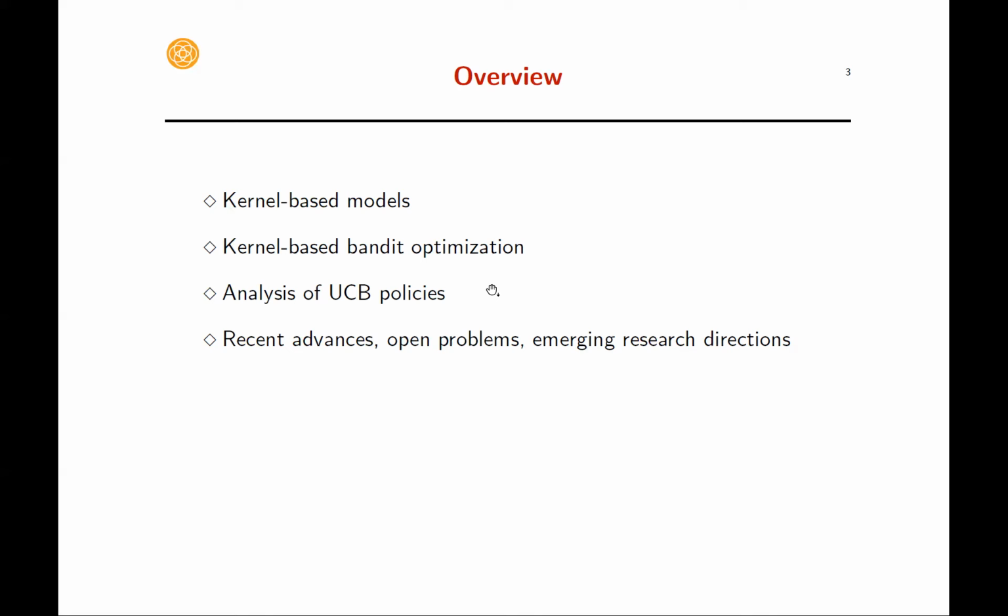As this is a theory seminar, I'm going to cover a little bit of the analysis of a popular algorithm, the UCB policy, which you may be familiar with, to just give a sense of why analytically these kinds of models work. And then just cover a little bit about the recent advances on the problem in the last couple of years, some open problems, as well as some emerging research directions which are gaining interest.